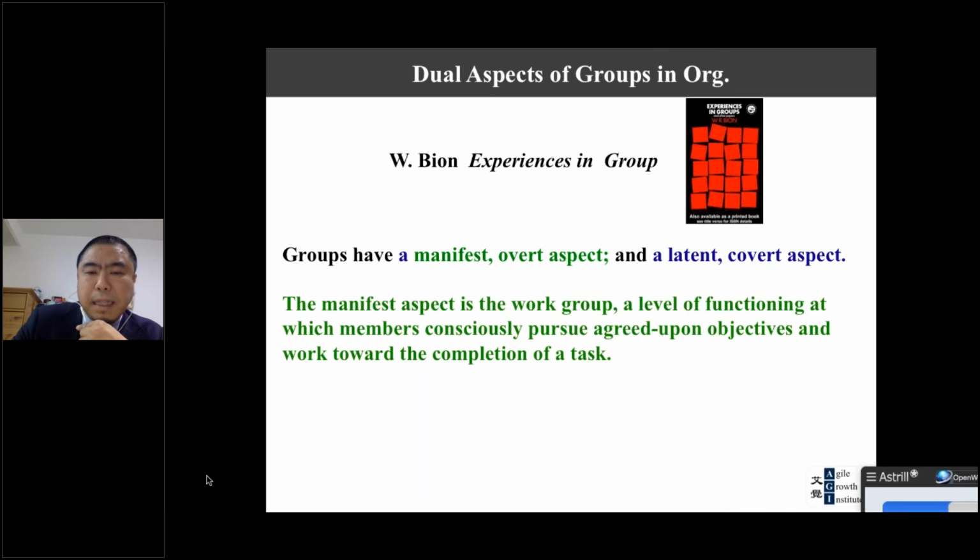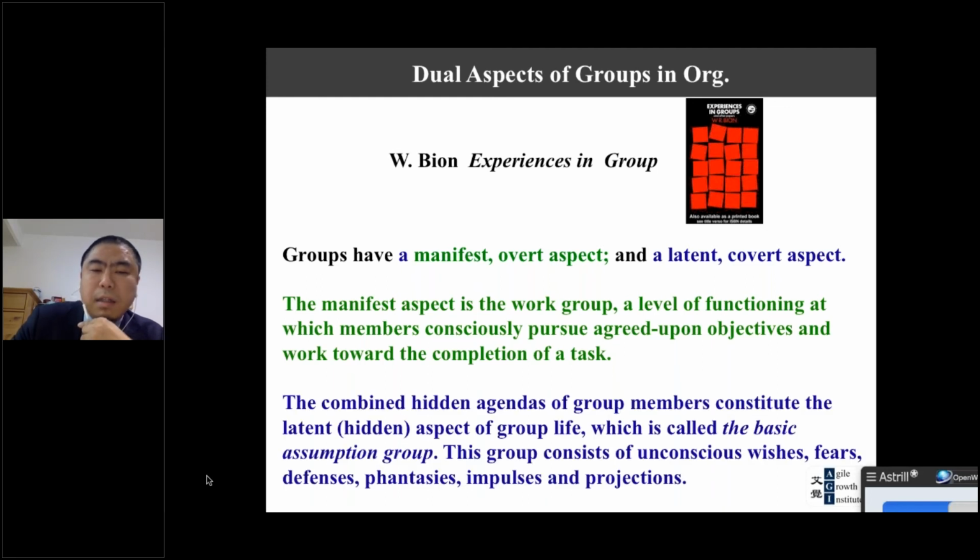The manifest aspect is the work group, a level of functioning at which members consciously pursue agreed upon objectives and work towards the completion of tasks. The combination of hidden agendas of group members constitutes the latent aspect of group life, which is called the basic assumption group. This group consists of unconscious wishes, fears, defenses, fantasies, impulses, and projections.